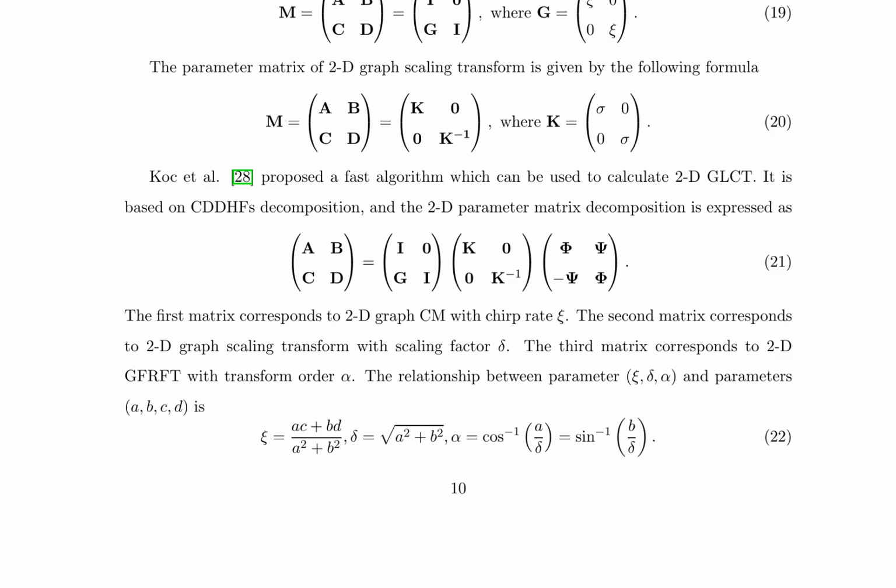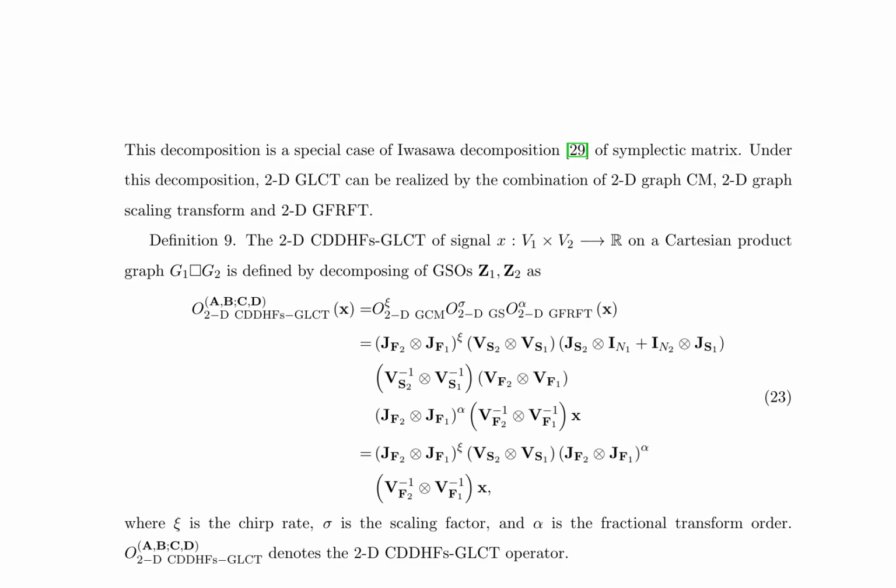This research paper discusses the decomposition of 2D generalized linear canonical transform, 2D GLCT, on Cartesian product graphs, which is a special case of Iwasawa decomposition of symplectic matrices. The 2D GLCT is realized by combining 2D graph continuous morphological transform, CMT, 2D graph scaling transform, and 2D generalized fractional Fourier transform, GFRFT.